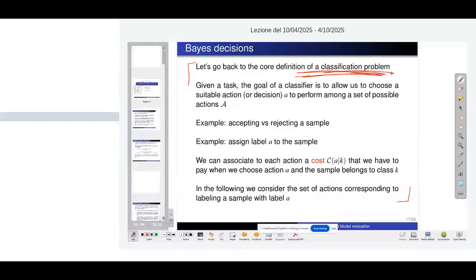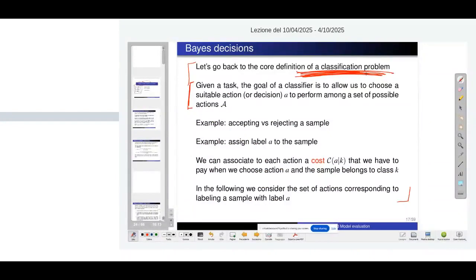We will introduce the problem in a slightly more general way, then we will go back to the standard classification problem, but we generalize it a bit more because whatever we say now can be applied to a broader context of tasks. So when we solve a classification problem, up to now we said we have a sample and we want to give it a label. The label of the class it belongs to.